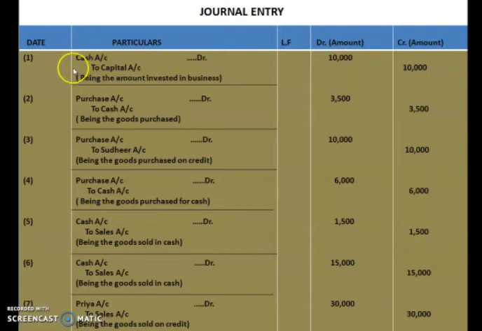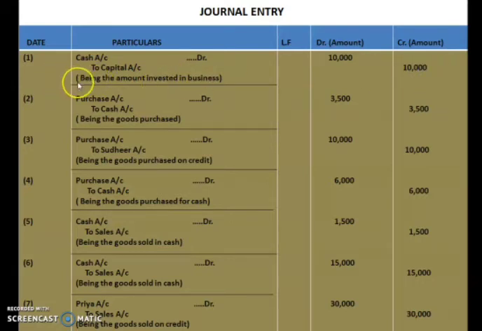Next, after leaving a small space, just below this cash, you write down to capital account. And on the credit side, the amount will be 10,000.